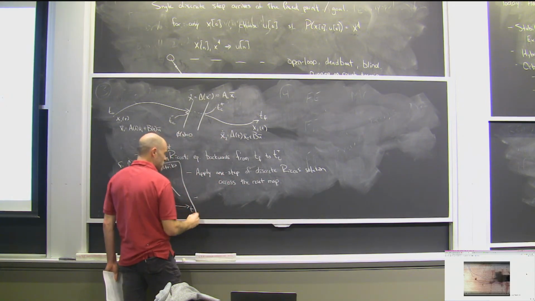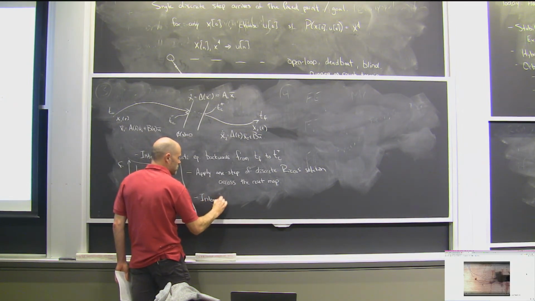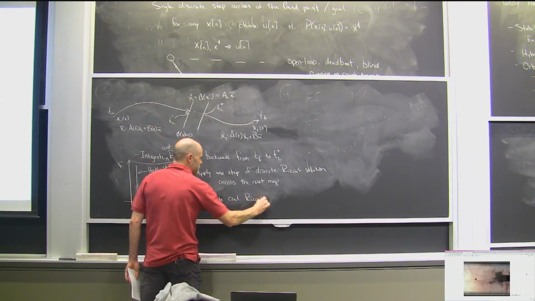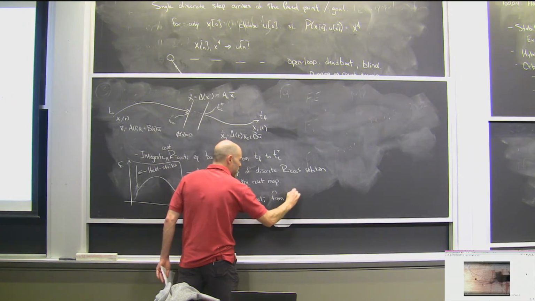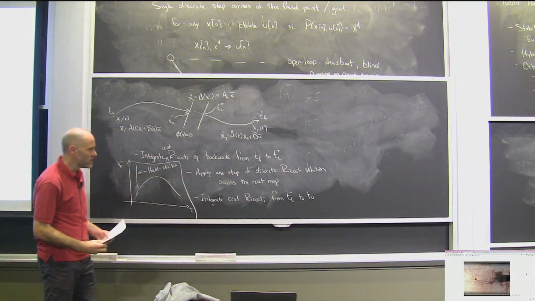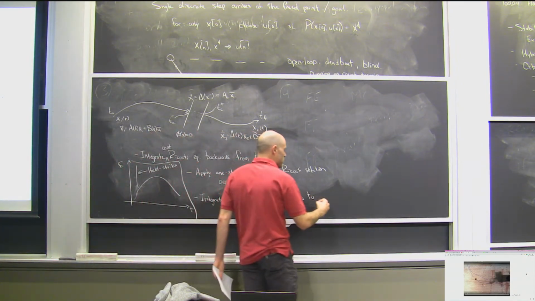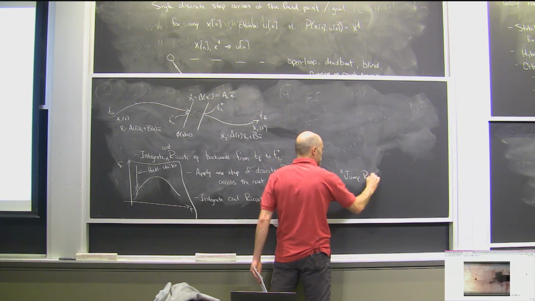And then integrate, again, the continuous Riccati from TC minus to T0. That's what you'd hope to be true, and it works out that this is called the jump differential equation, the jump Riccati equation.